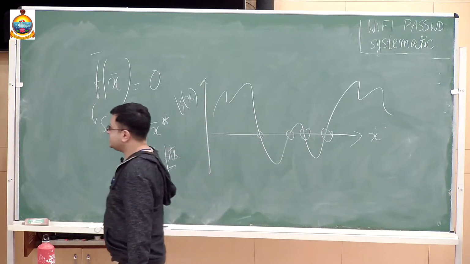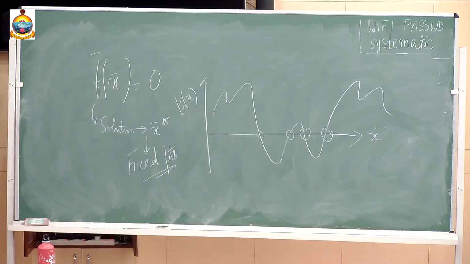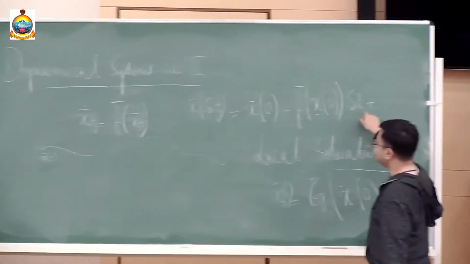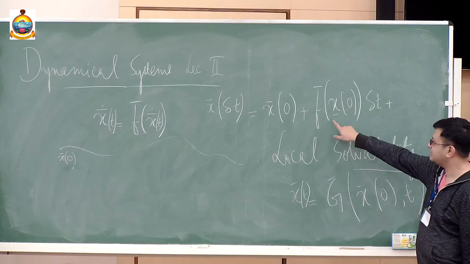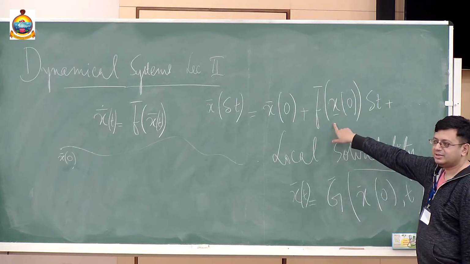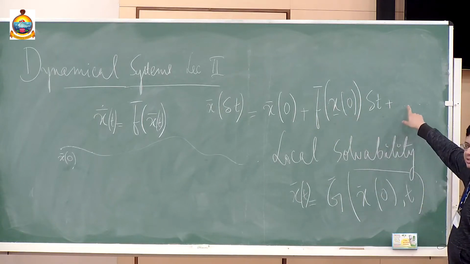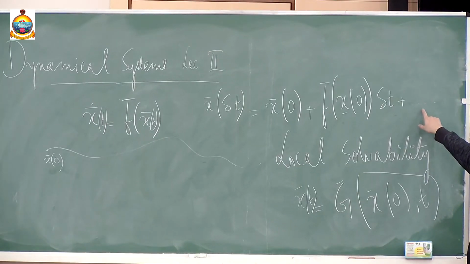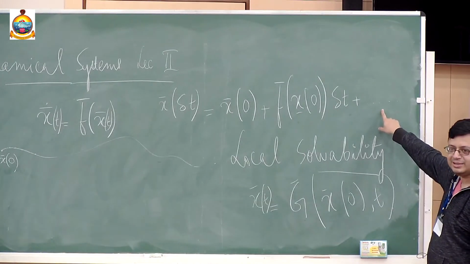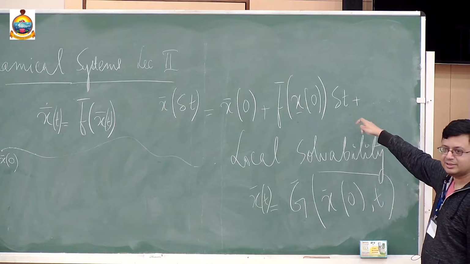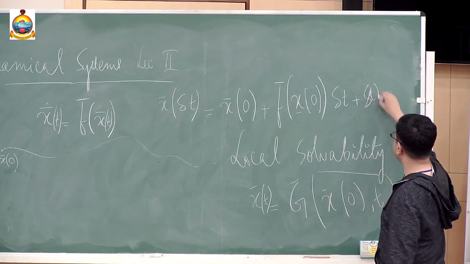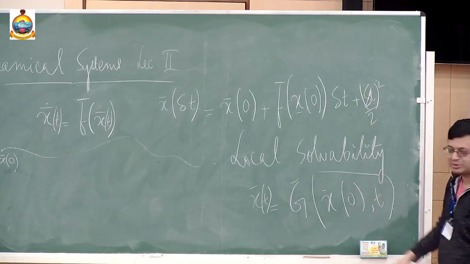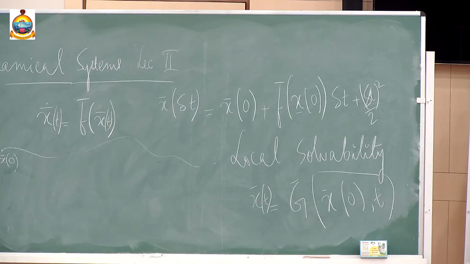Okay, and you immediately see, if you use this equation, that if you start from a fixed point, you remain there, because this term is 0. But what about the next term? Is it still 0? No, it will still be 0. What will be the next term? So, delta t square by 2, what will be the next term? F prime, but prime derivative with respect to what?